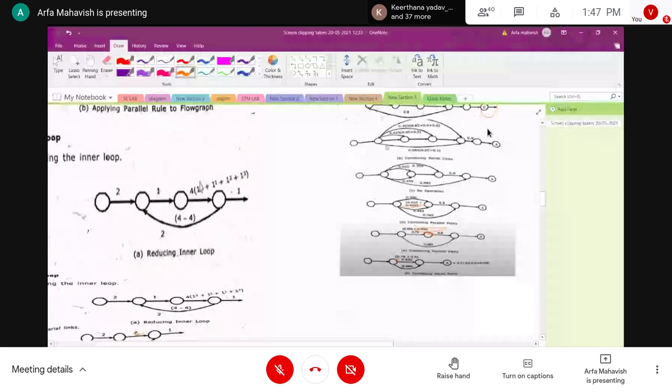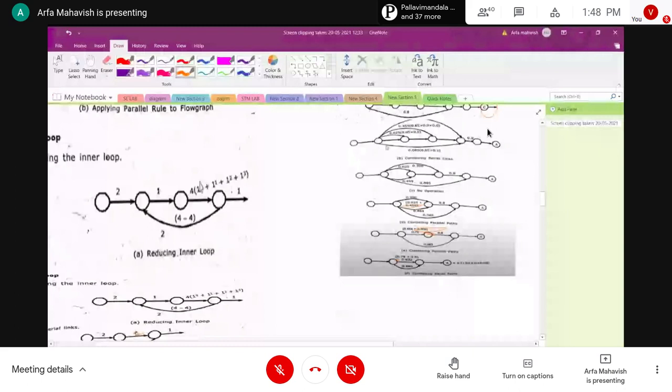Now we'll go with case 2, that is case B. In case 2, we have selected the path from the starting node.